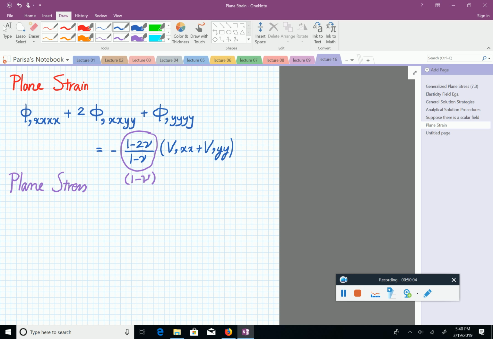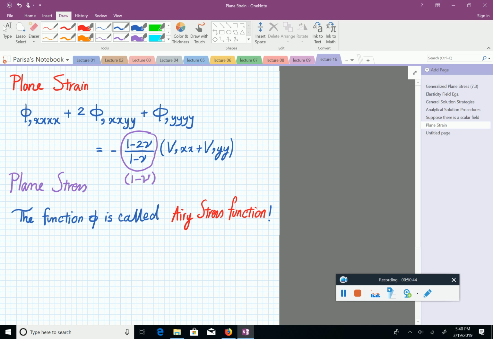And the function phi, as you may have guessed, is the Airy stress function. Airy is the name of the guy who came up with this.